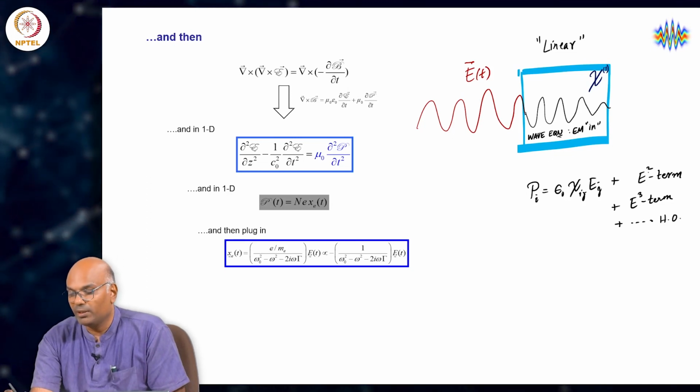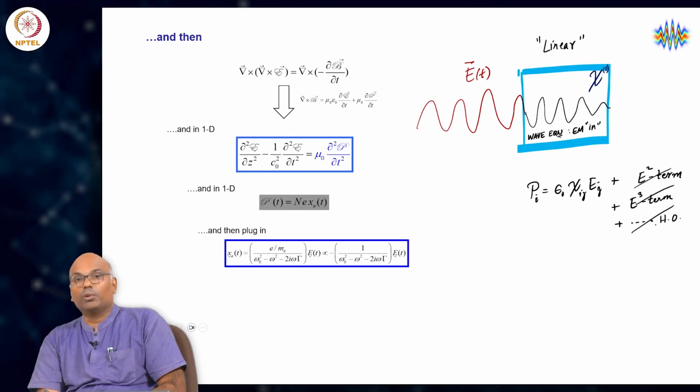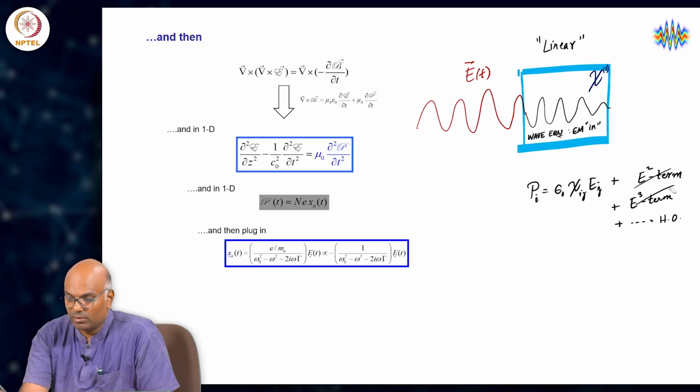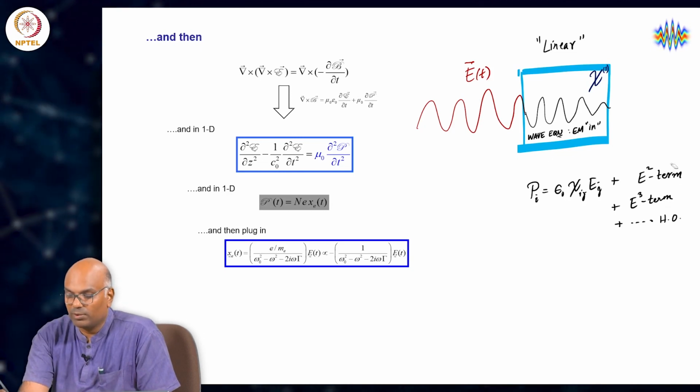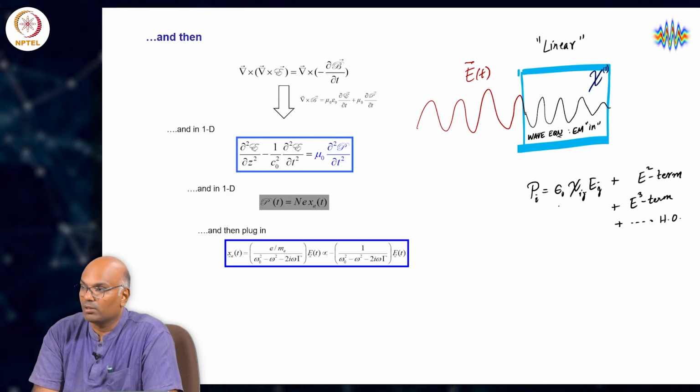Right now we are keeping things linear, so we do not worry about these at the moment, but we soon will, right. But let us keep them in general. Even for linear interaction we said all this, okay.